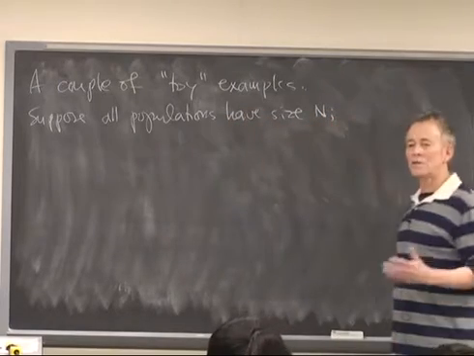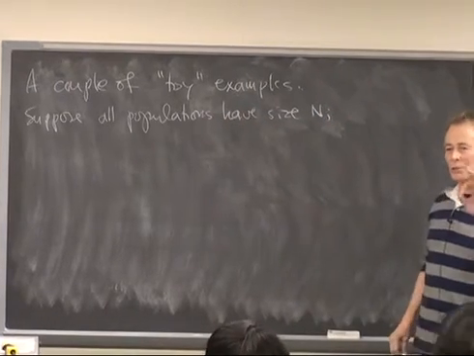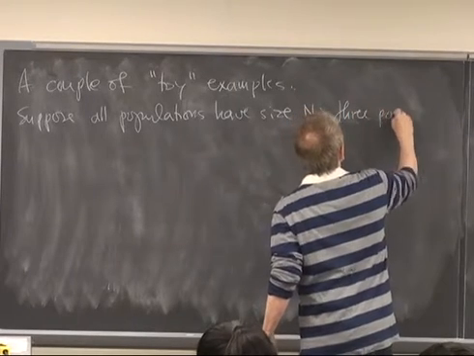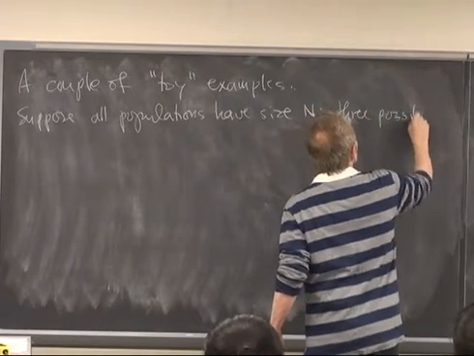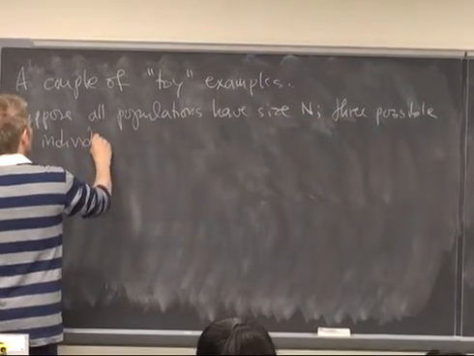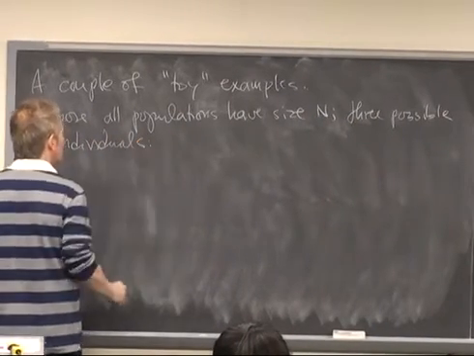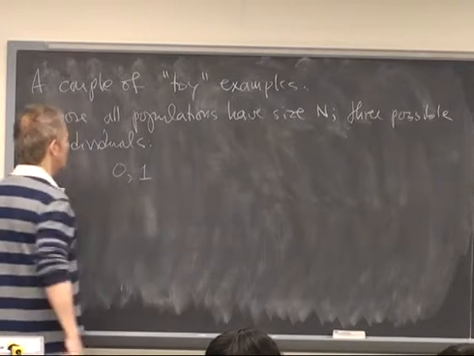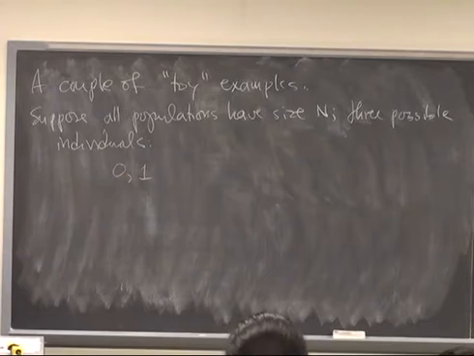And what are the individuals in these populations? There are going to be 3 possible individuals. And the first 2 are going to be 0 and 1. So those are 2 of the possible individuals.